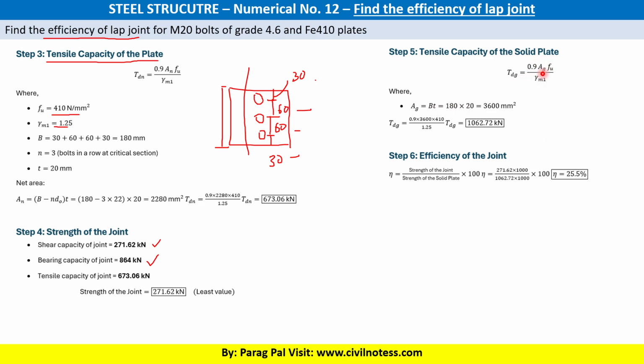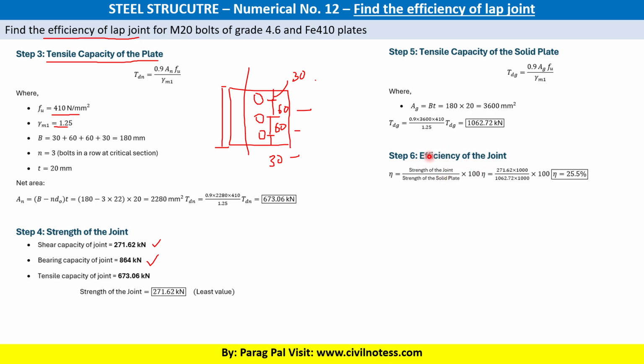Gross area is calculated by total B into thickness of the plate. The B we have is 180 and the thickness of the plate is 20, so gross area is 3600 mm square. If you put all the data here, you will get Tdg equals 1062.72 kilonewton.